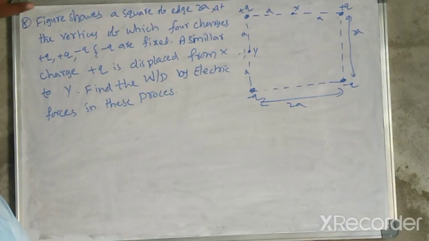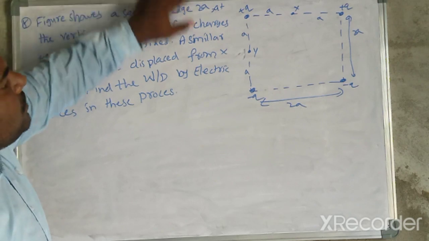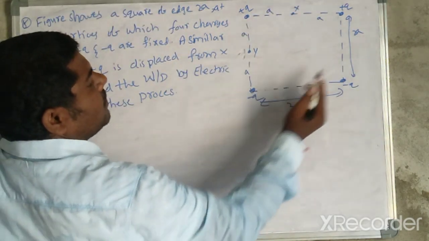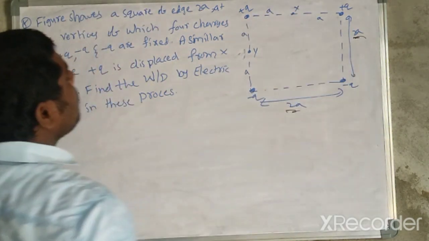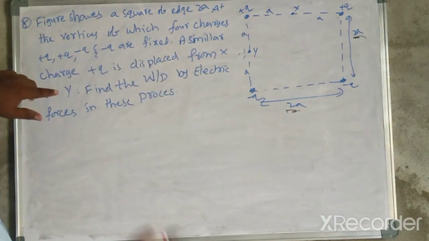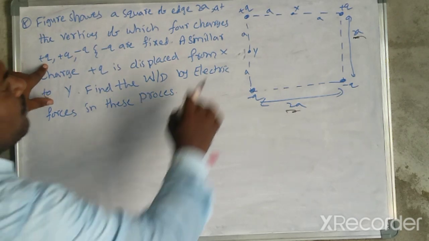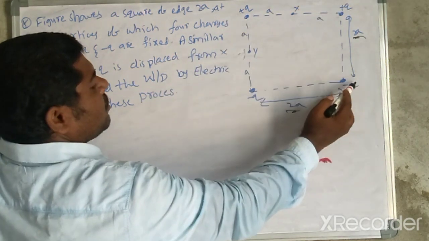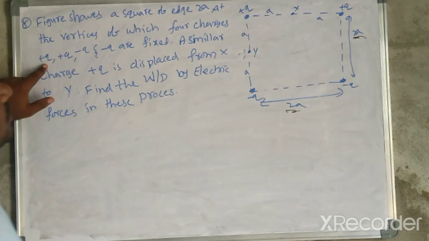Another model: the figure shows a square of edge 2a, at the vertices of which four charges +q, -q, and -q are fixed.